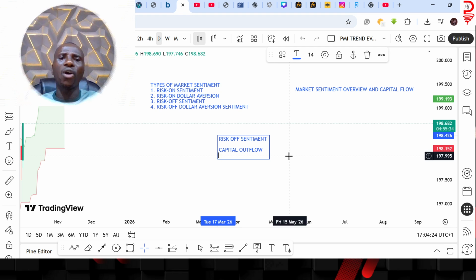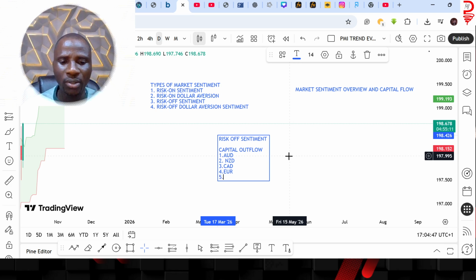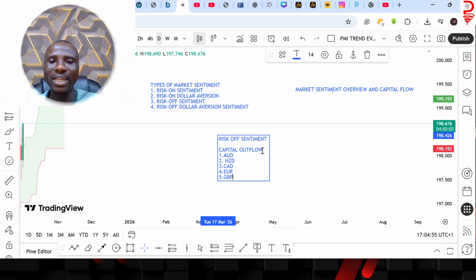So during a risk off market sentiment, you will notice that capital will be flowing out of the high yield commodity currencies, like the AUD, the New Zealand dollar, the Canadian dollar, the euro, the GBP, Great British Pound. These are the currencies that will experience predominant outflow of capital during a risk off market sentiment.